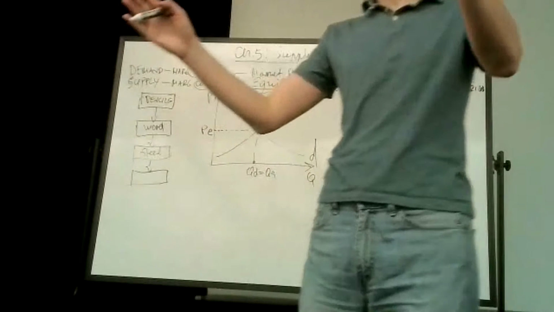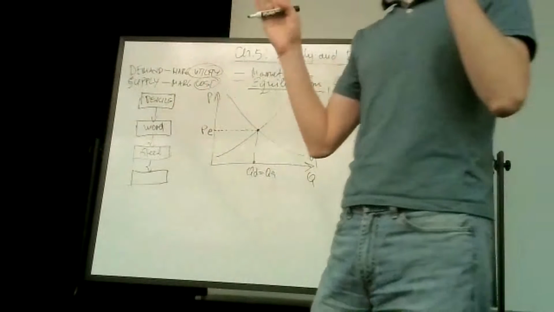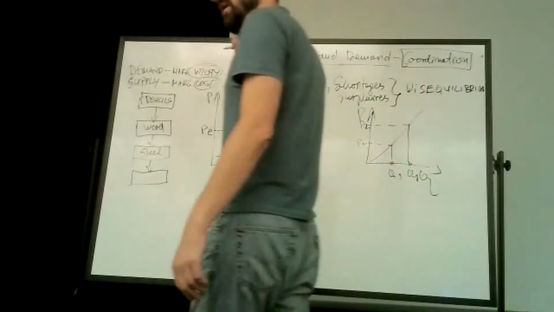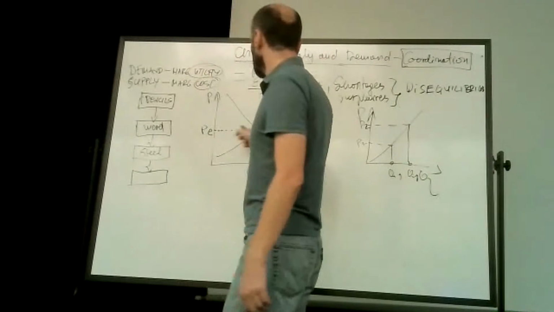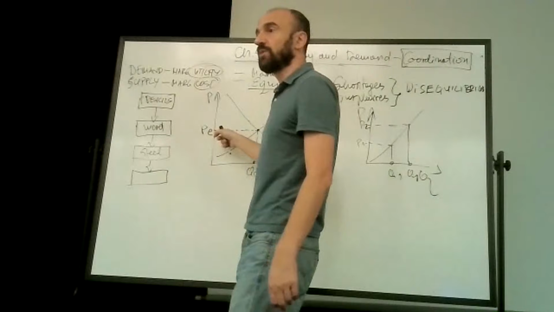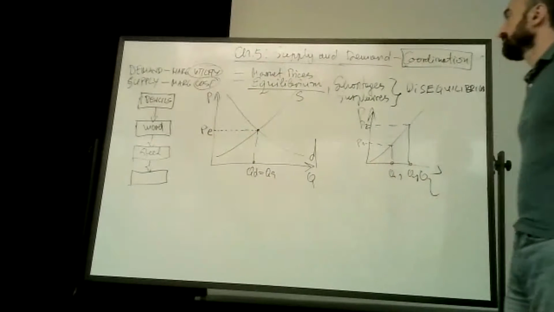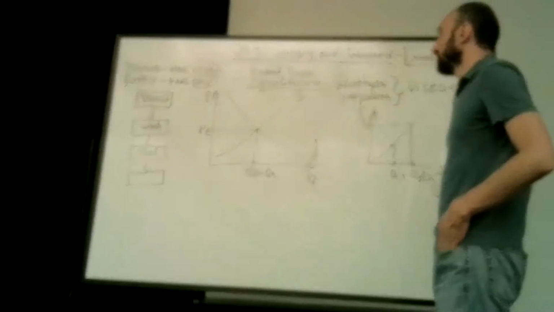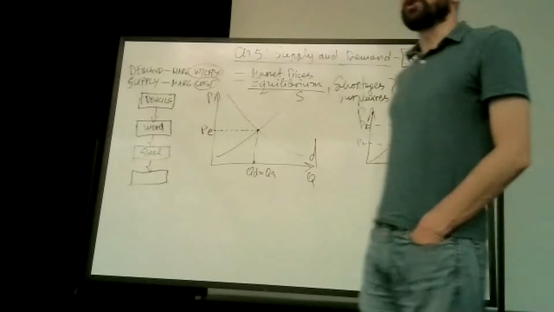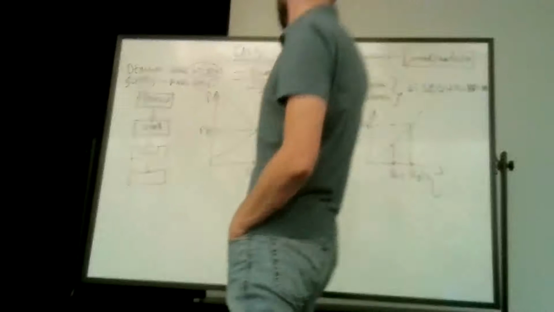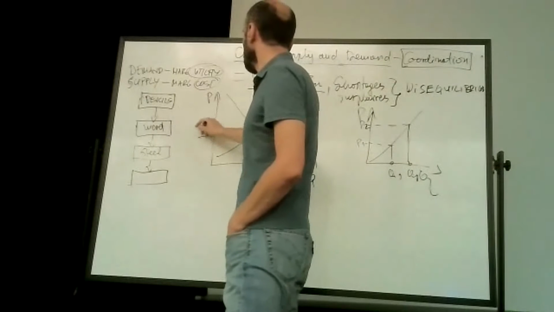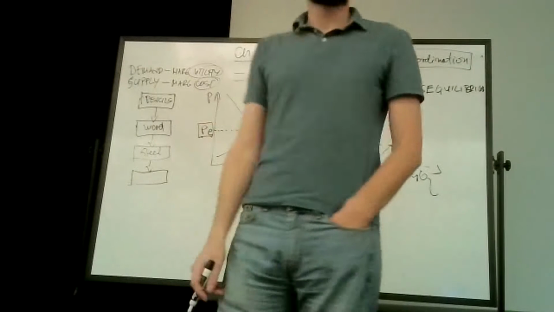Because the equilibrium is a situation where supply equals demand, and at this point we have a price at which quantity supplied will be equal to quantity demanded. It is called the equilibrium price.